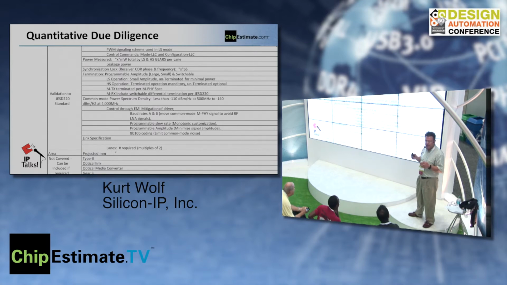So that's again an expectation alignment that this sort of methodology allows you to get between your engineers that are going to be implementing the IP and the ranking in your actual sourcing decisions.